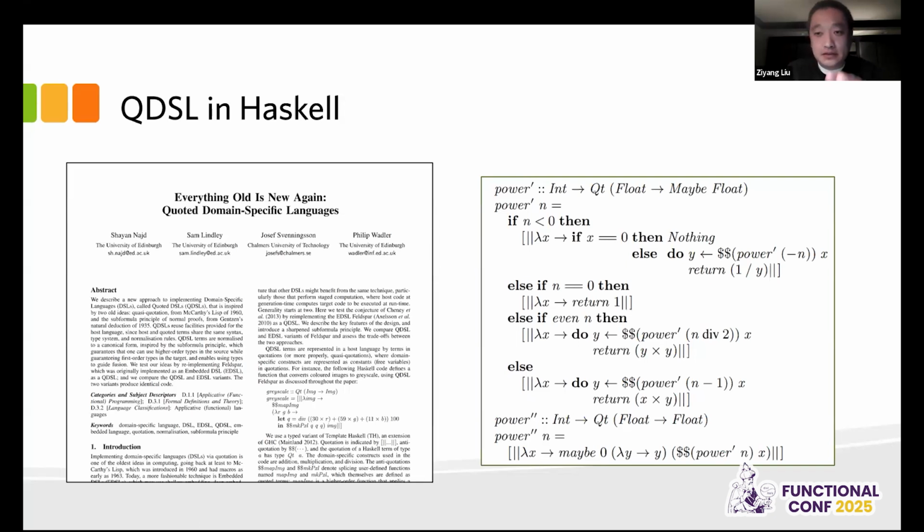So in that sense, this is not that much better than EDSLs, because if you think about it, EDSL and QDSL are actually very similar in the sense that they are both doing some kind of metaprogramming. In EDSL, you're doing metaprogramming from the DSL point of view: you're using your host language to manipulate the AST of your EDSL. And in QDSL, it's very similar.